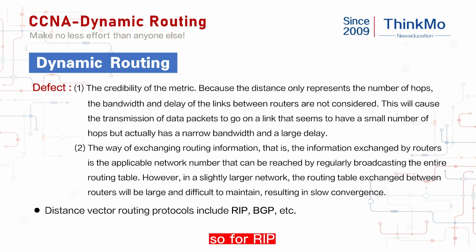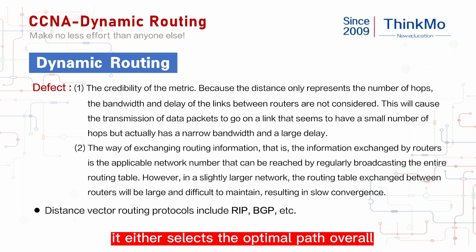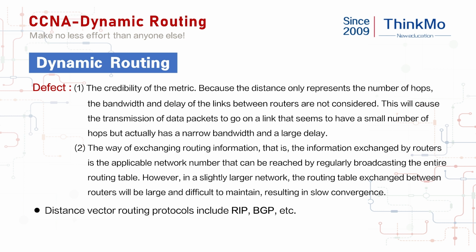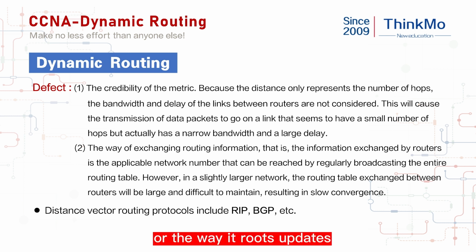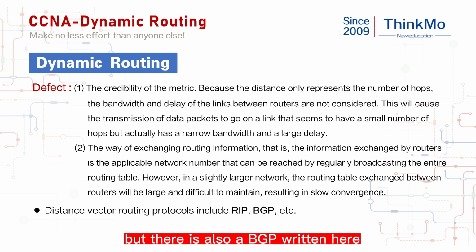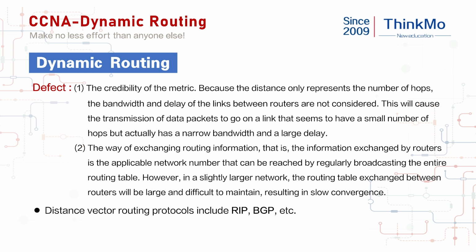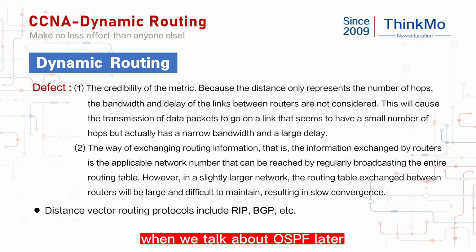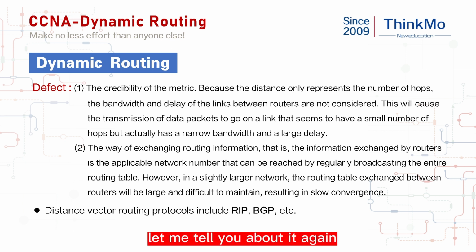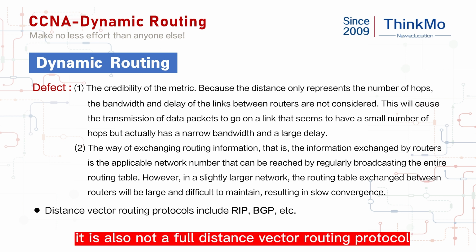So for RIP, it either selects the optimal path overall, or the way it routes updates is very unoptimized. So it's now obsolete. But there is also a BGP written here. When we talk about OSPF later, let me tell you about it again. In fact, strictly speaking, it is also not a full distance vector routing protocol.